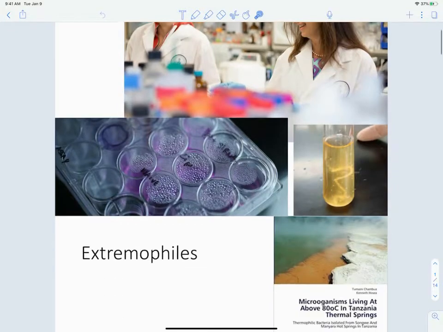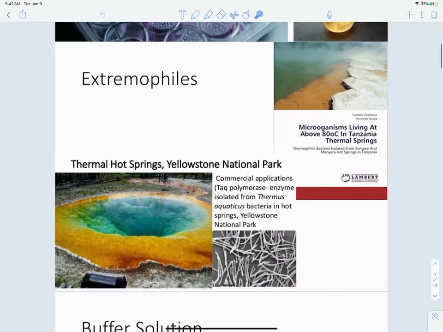So for example, if we look at extremophiles, which are organisms that grow in hydrothermal hot springs, in this case Yellowstone National Park, or in Tanzania, there are organisms that live above 80 degrees centigrade. These are often called extremophiles. And if we wanted to grow these, we would have to grow them in some type of medium that is similar to what they actually grow in the normal situation.